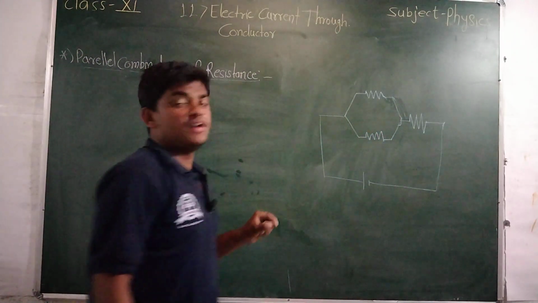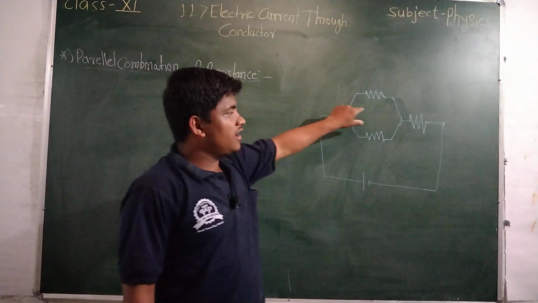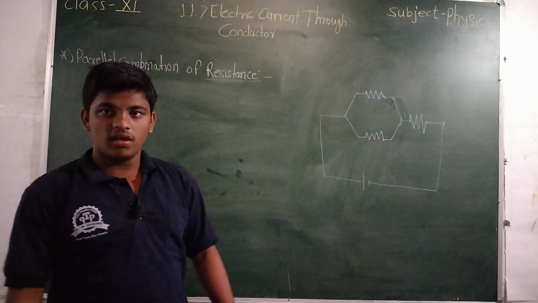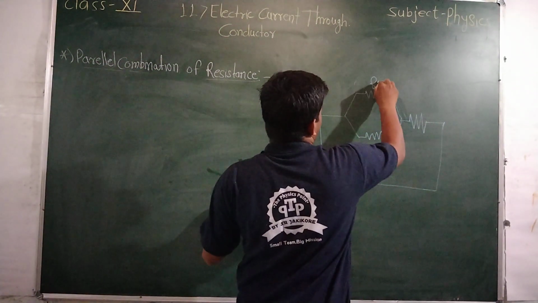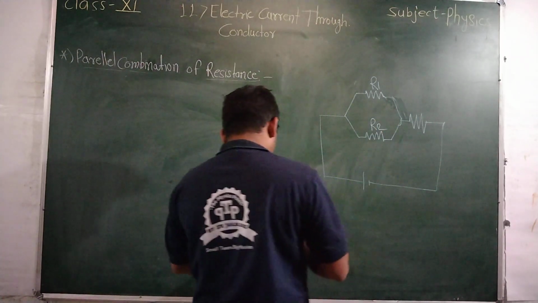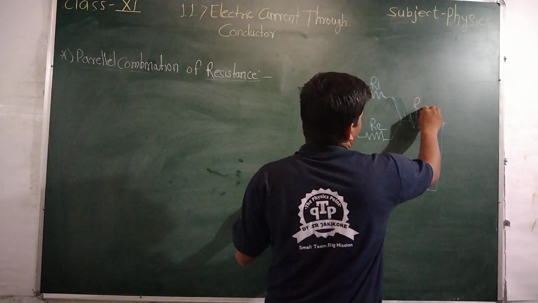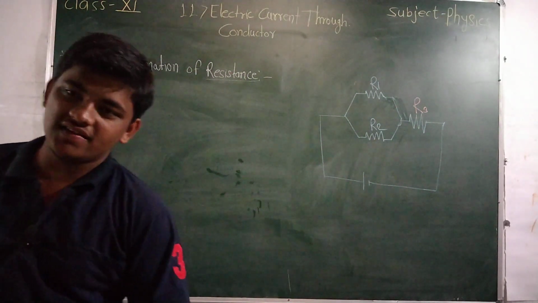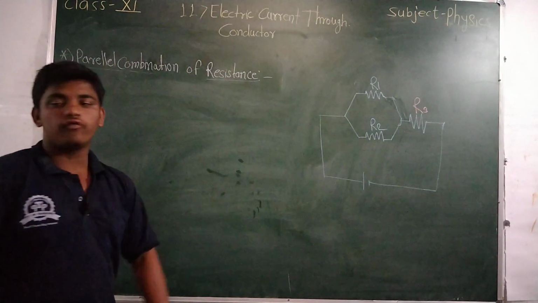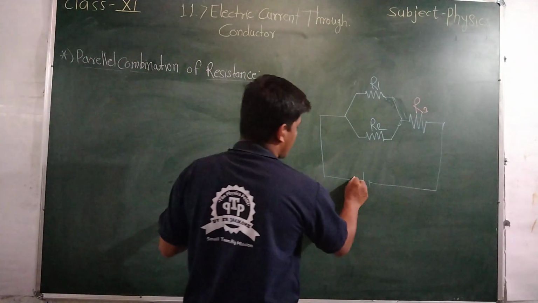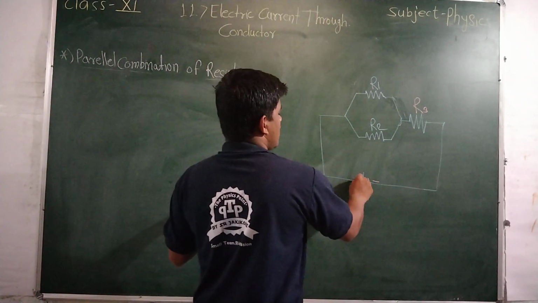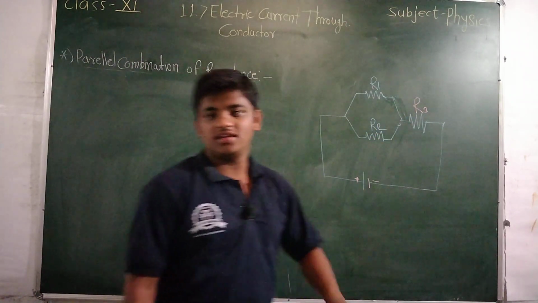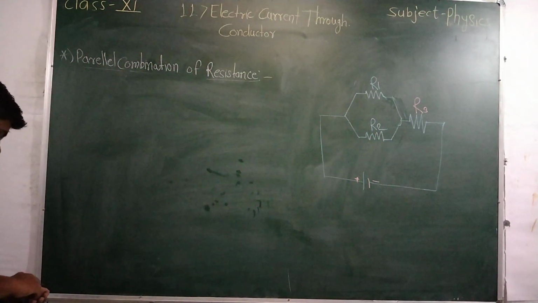I will connect three different resistances here. Two are in a parallel combination, and one is in series with these two. This is R1, this is R2, and the remaining one is R3. Calculate the total resistance and total current flowing through the given circuit.